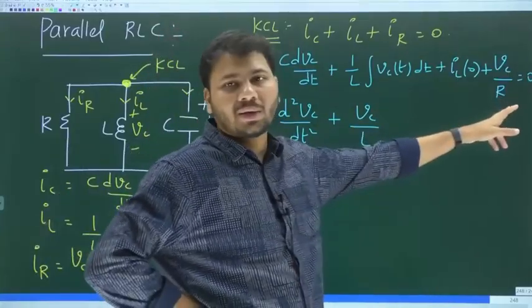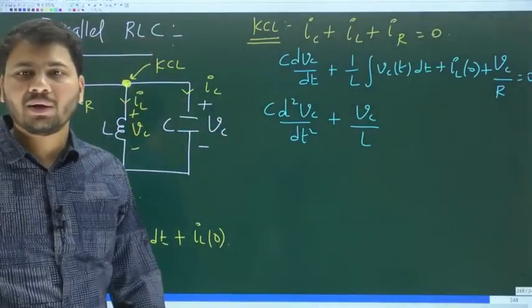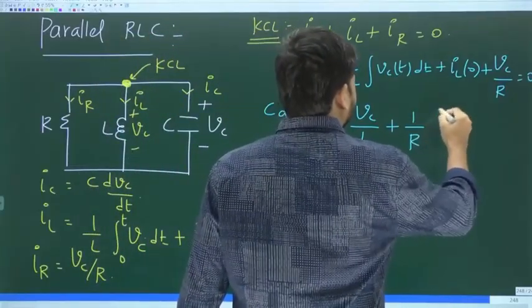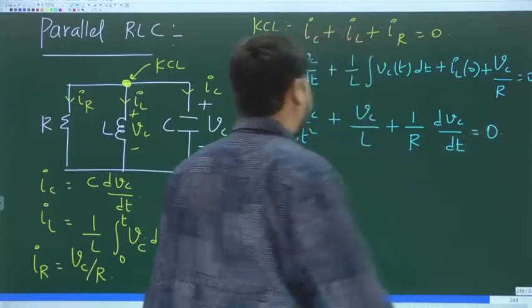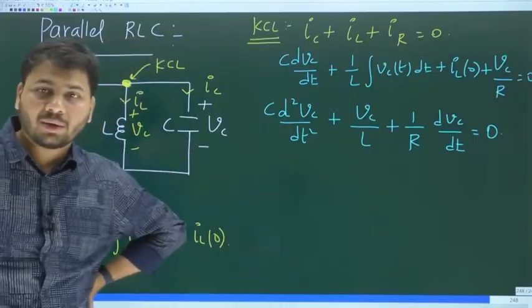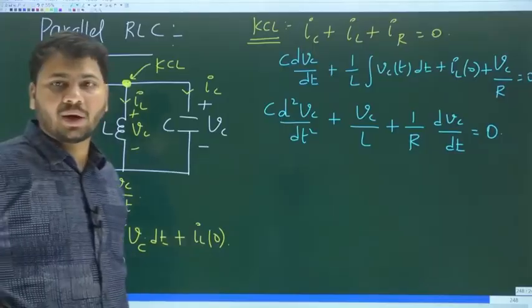Now look at the last term, Vc by R. What is its derivative? Is it not 1 by R dVc by dt? So the equation equals 0. That's all. Now we have the proper differential equation governing this parallel RLC network.